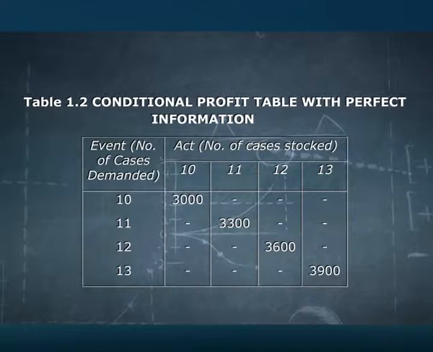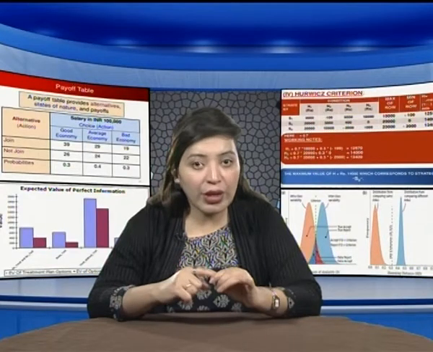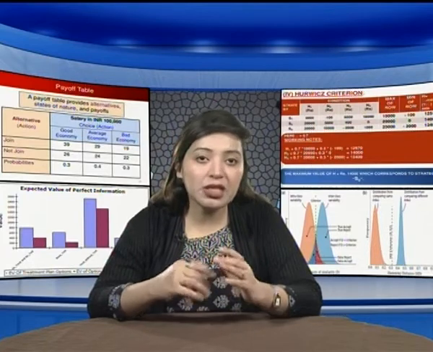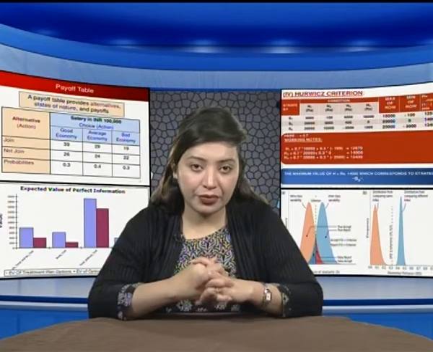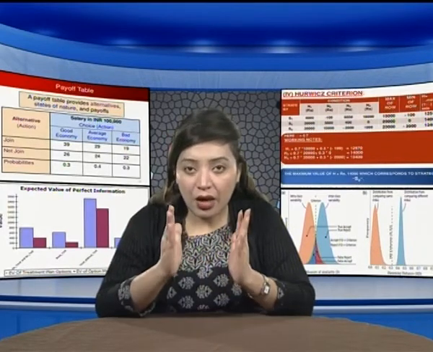For sales of 11 cases, the fruit seller would stock 11 cases and realize a profit of Rs 3300, and so on. Knowing the size of the market in advance for a particular day, the fruit seller chooses the stock action that will maximize his profit.